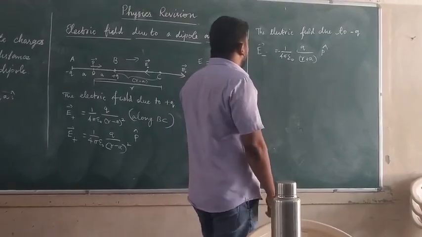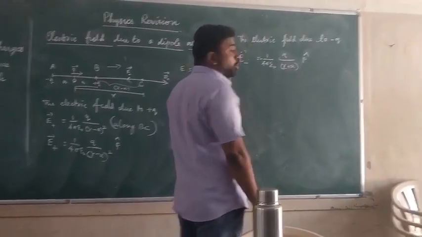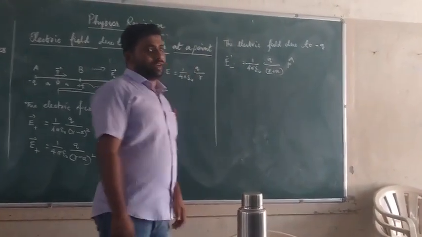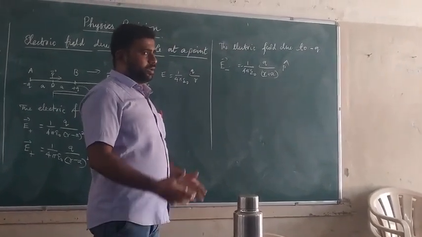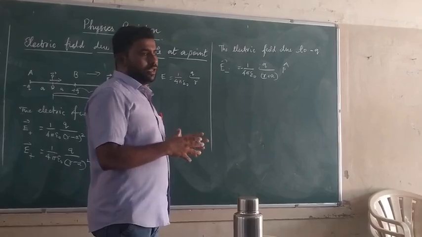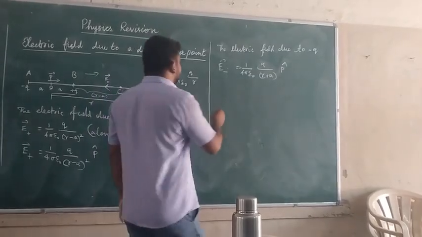So now let's calculate the total electric field at point C. We have to add the two electric fields so that we can get the total field.